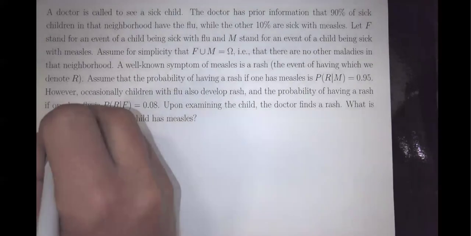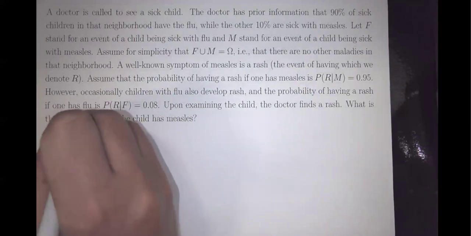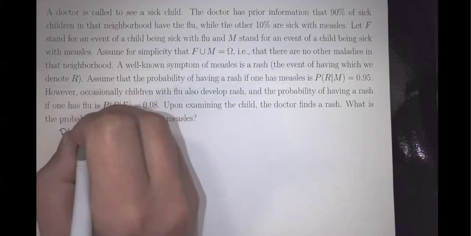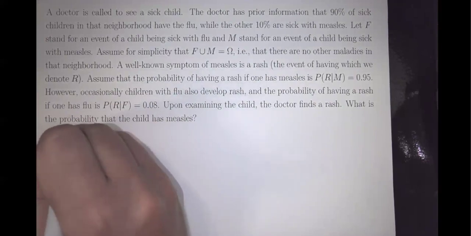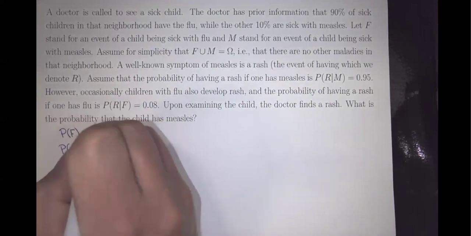Okay, so what do we know here? We know that the probability of flu is equal to 10%. Or it's 90%, sorry. The probability of measles is 0.1.